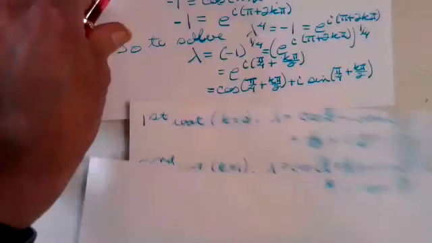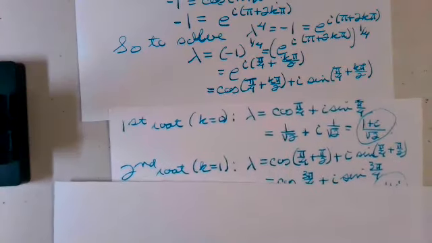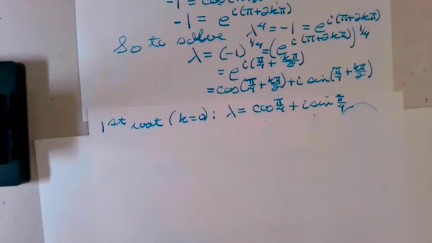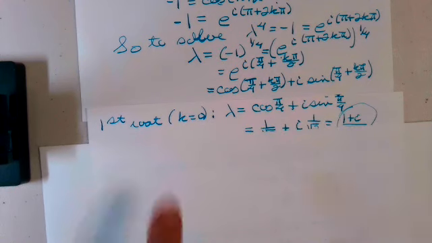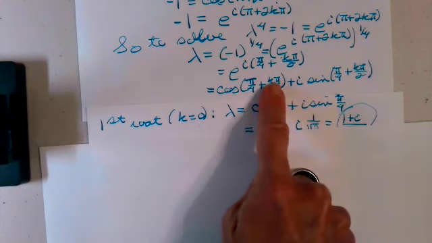Now, how do we actually start finding the roots? So you need 4 roots. You get the first root by taking k equals 0 in this formula.